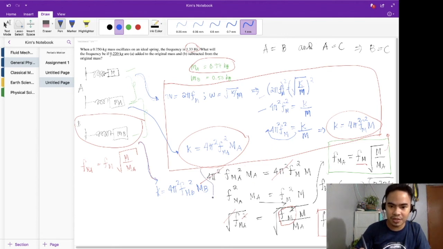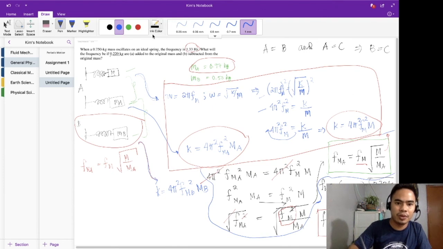Actually, you work through the same process, which I will not show to you because it's very clear how you go about that, and to save time also. So what will happen to your equation now is you will have f of m sub b equal to the same thing here, f sub m, the square root of m, all over m sub b instead of m sub a.